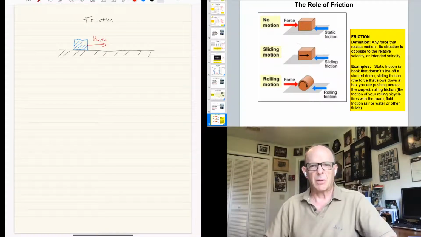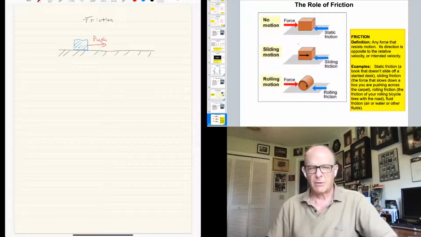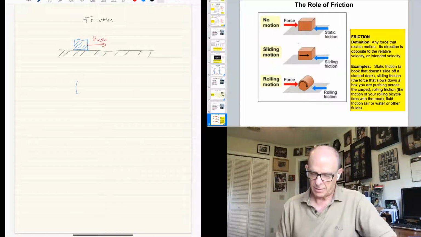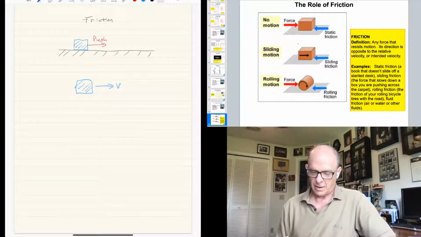What will happen is that block will slide to a stop, and there's a demonstration that we've got in this module that illustrates that. Well, if it's moving along here, then that means that the block, if I give it a push, it's traveling along at some velocity, at some speed, v. And this is right after the push.